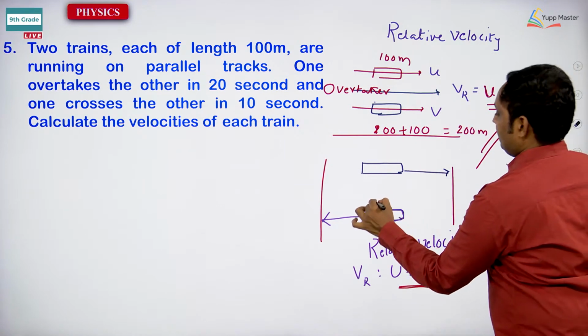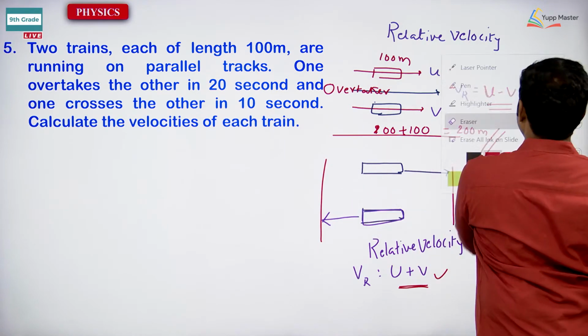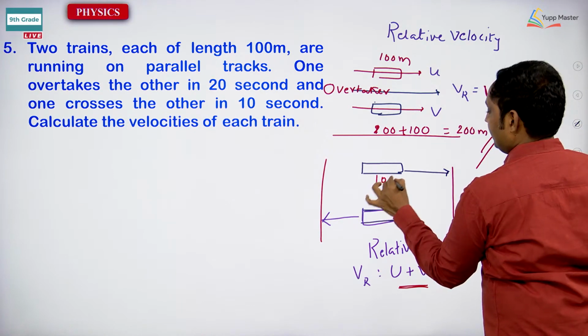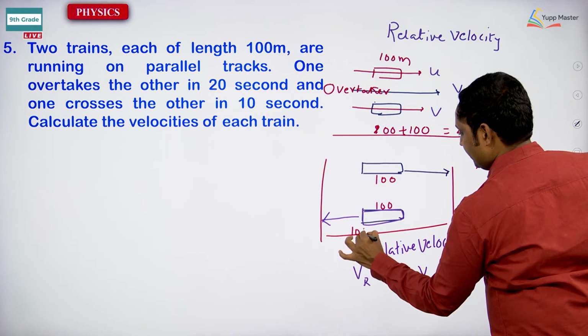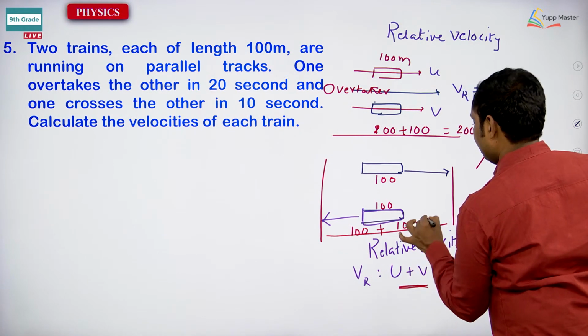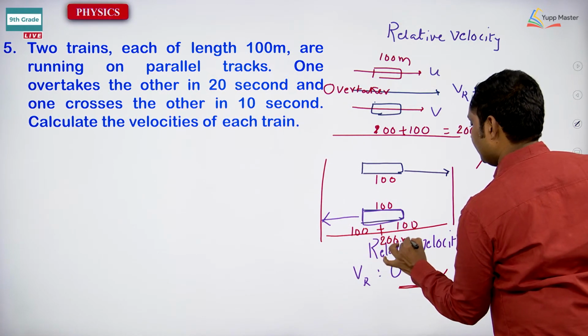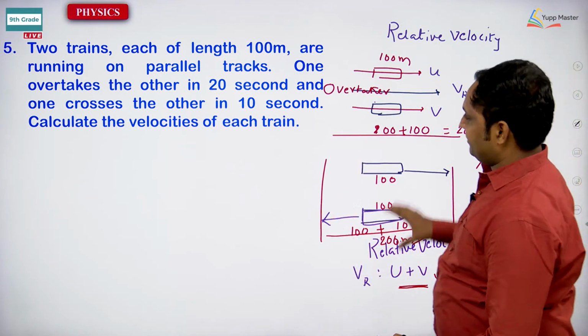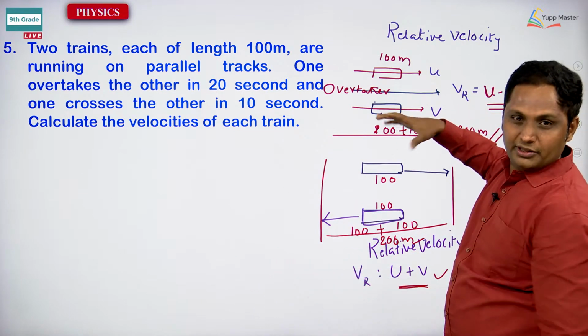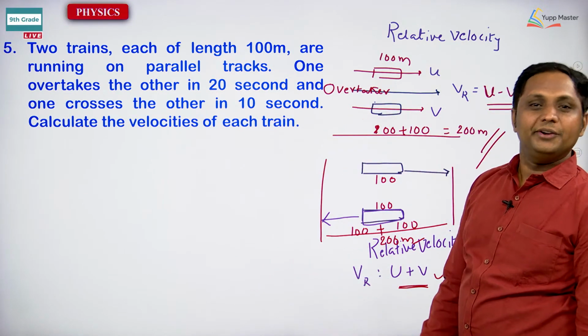This one is 100 meter, this is also 100 meter. They have covered 100 plus 100, that is 200 meter. The distance travelled overall is going to be 200 meters.